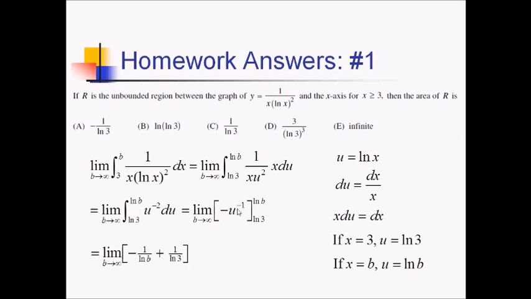Normally I'd be subtracting, but I've already got a negative u value here. Evaluating this, well, as b goes to infinity, since this is in the denominator, this first term goes to 0. The second term is what it is. Don't really need to simplify it. So that adds up to then 1 over ln of 3, which ends up being choice C.